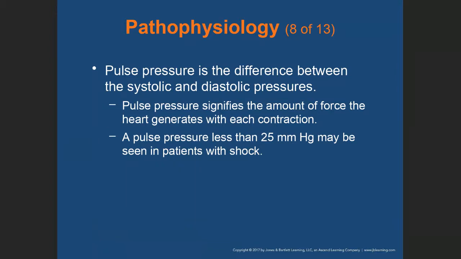The pulse pressure is the difference between the systolic and diastolic pressure, and it represents the force of contraction. So it's an indication of how strong the heart is contracting. The normal range for the pulse pressure is 40 to 60 millimeters of mercury.